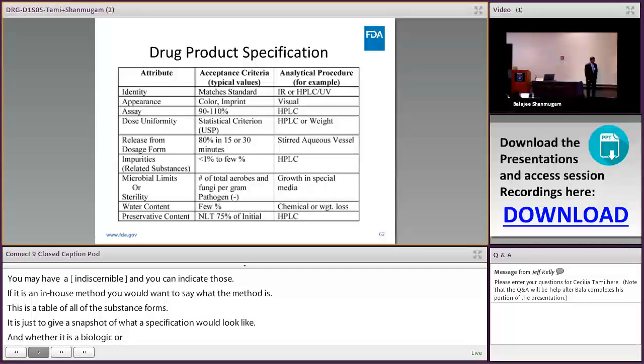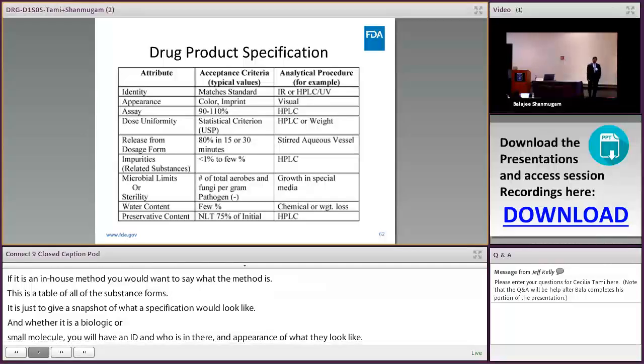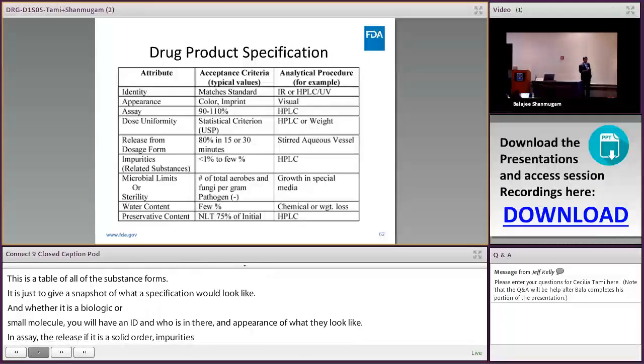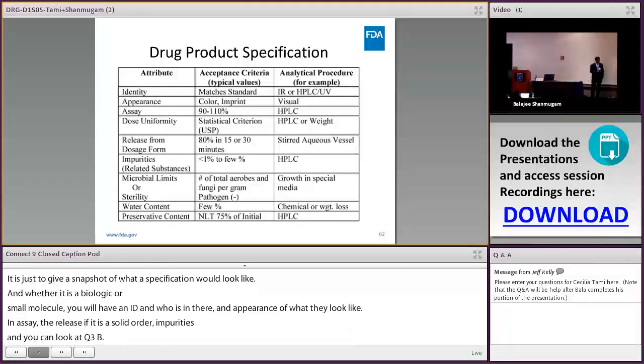Impurities, of course, will definitely be part of it. And you can look at Q3B, which sets the tone for how you set specifications and how you report those specifications, and depending on the nature of the formulation, whether you need to have microbial limits or sterility, water content, and preservative content.